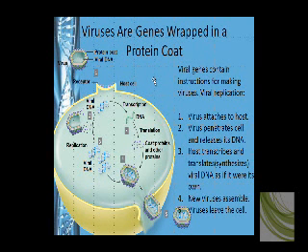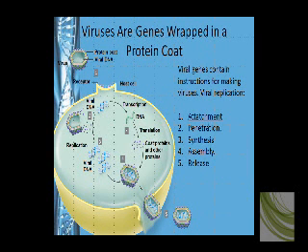We've talked about that in chapter 2. It will be identified as an infected cell, and that infected cell will be terminated by your immune system. These are the stages: attachment, penetration, synthesis, assembly, and release.